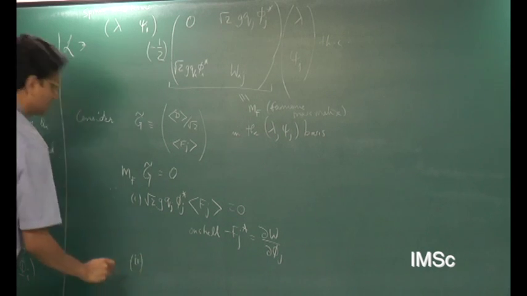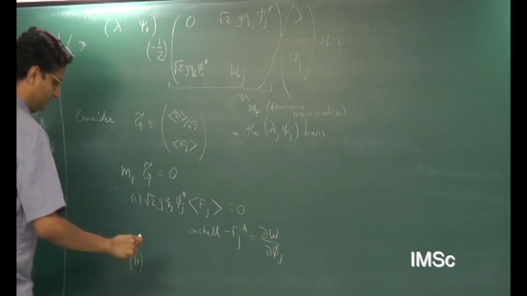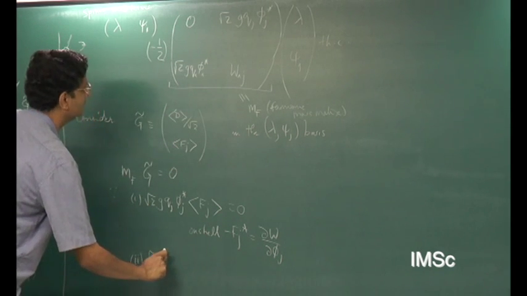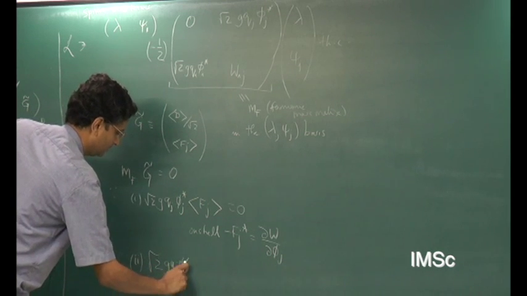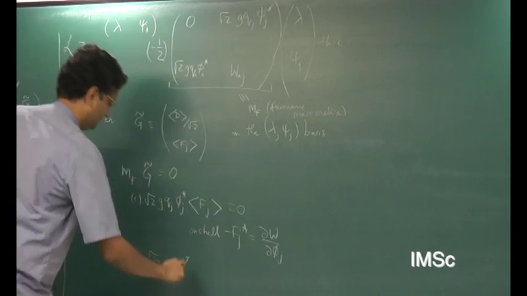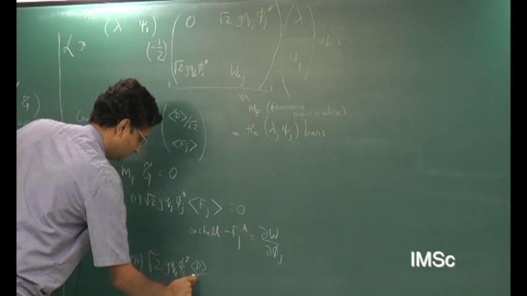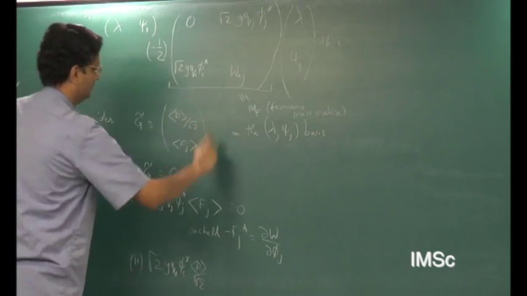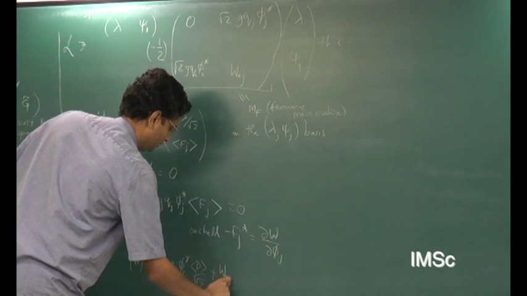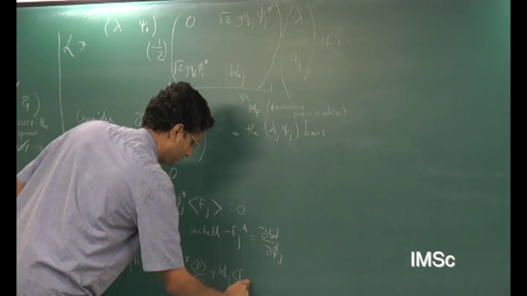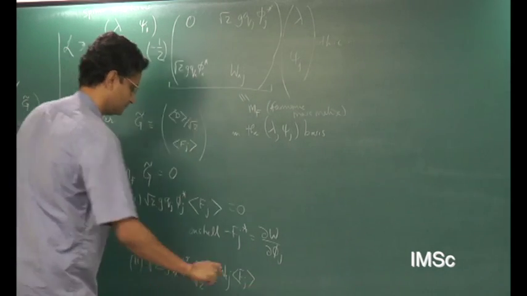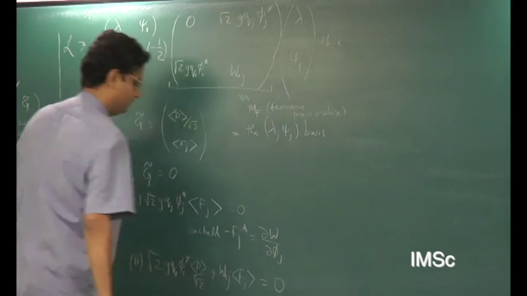And the second, this times this. So that will be square root of 2 g q_i phi_i squared times D or square root of 2, plus W_ij F_j. And this is 0.